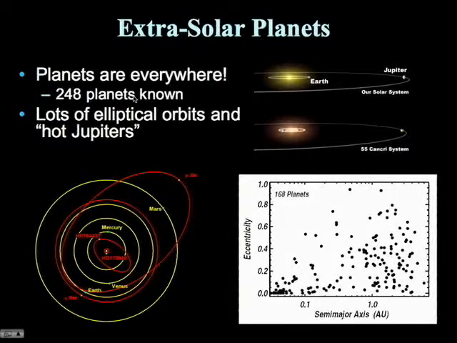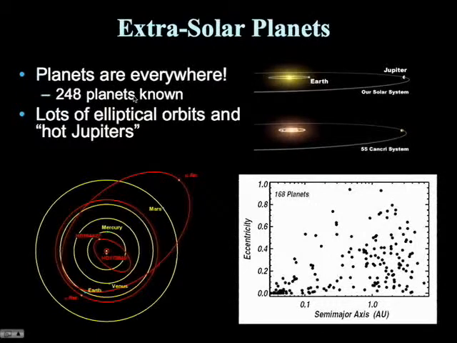For example, in this top right, this system called 55 Cancri has one planet whose orbit is very similar to Jupiter's, its outer planet. But it turns out it also has 3 hot Jupiters as well. So that system, 55 Cancri, kind of looks like the solar system and unlike it at the same time. It's like it because it has one planet like Jupiter, but unlike it because it has a bunch of planets that are really unlike Jupiter.